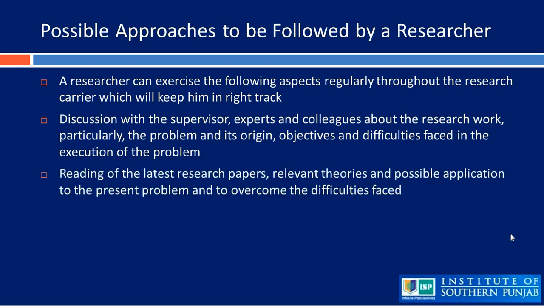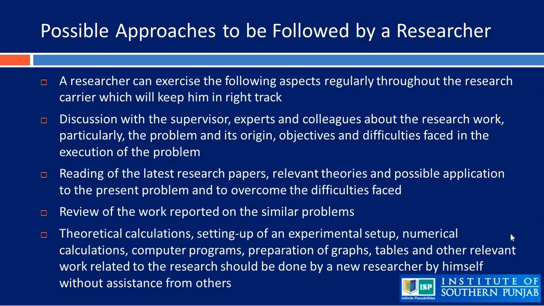Reading of the latest research papers, relevant theories, and possible applications to the present problem and to overcome the difficulties faced. Review of the work reported on similar problems. Theoretical calculations, setting up an experimental setup, numerical calculations, computer programs, preparation of graphs, tables, and other relevant work related to the research should be done by a new researcher by himself without assistance from others.